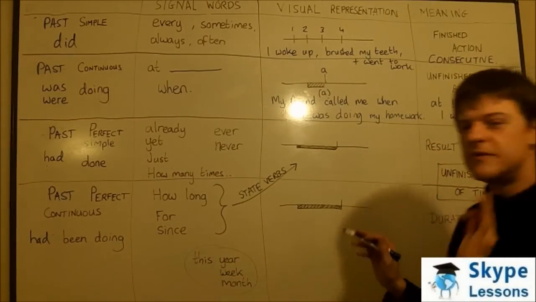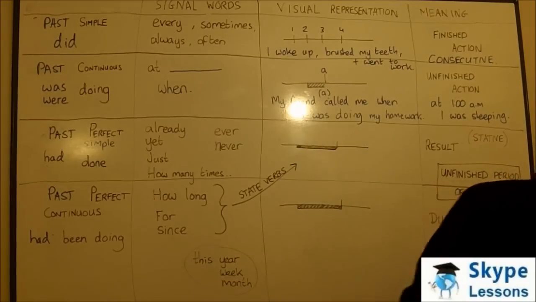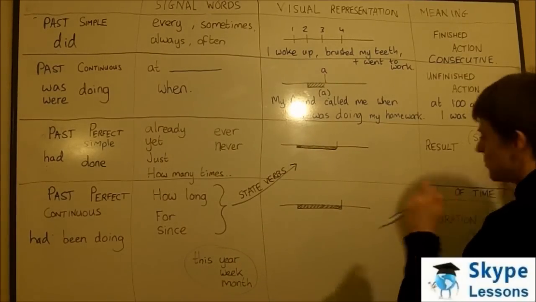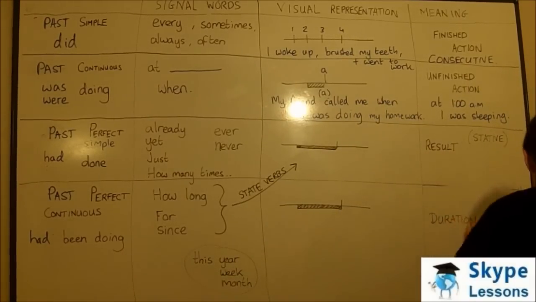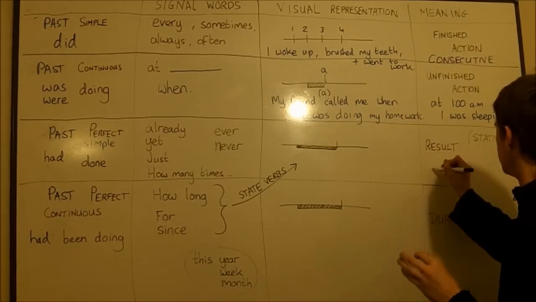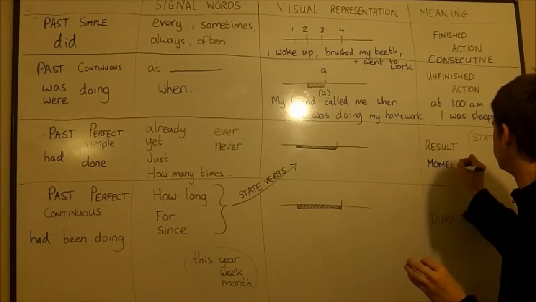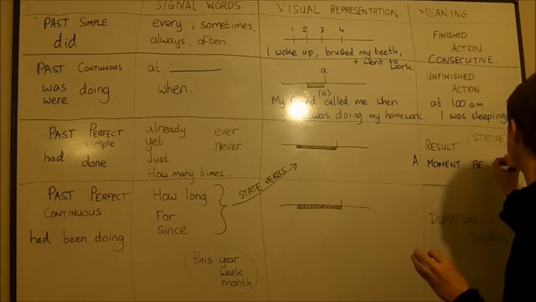But the thing to remember with story tenses is past perfect simple is, forget about unfinished period of time with the past perfect, although you can remember it for past perfect continuous. But let's just forget about that, because really it's a moment before past simple. A moment before past simple.